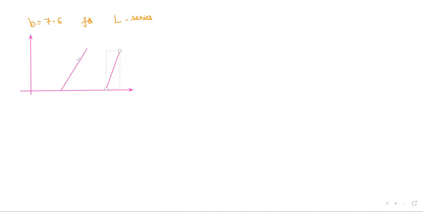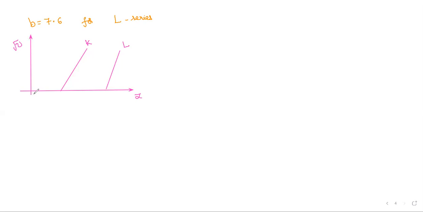I don't compare the slopes, and I am also not comparing whose A is more. I'm just casually drawing the graph here. Don't mind the slope, I am focusing on the B value, not the A value. That's why I drew two lines here. This is for K, this is for L.